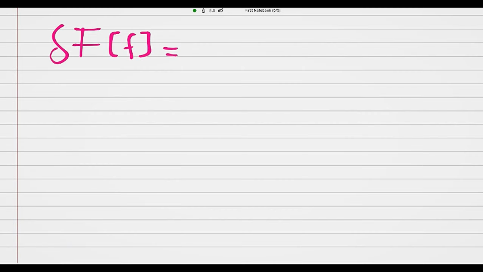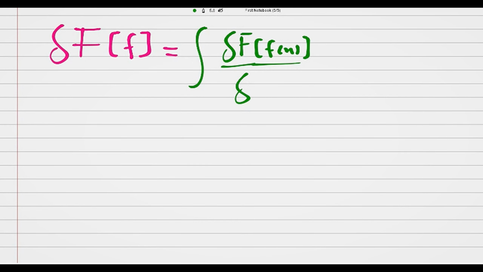So let's write down the integral form first, which is the integral of the functional derivative of F of f of x, defined at x, with respect to f of x prime. Here you can see that f of x prime is a field, not a functional.